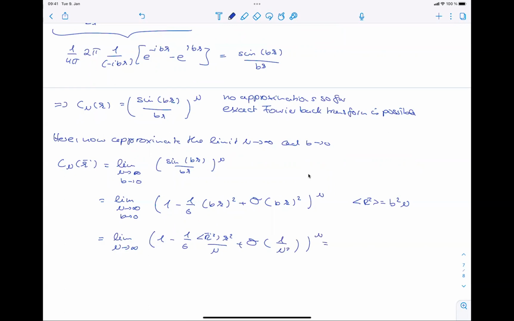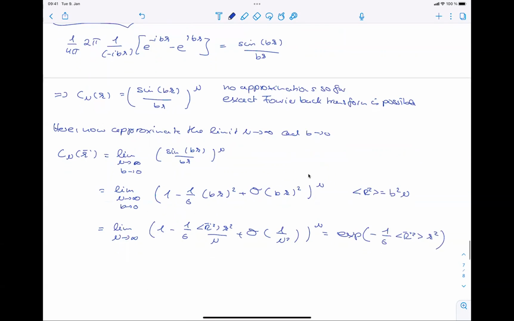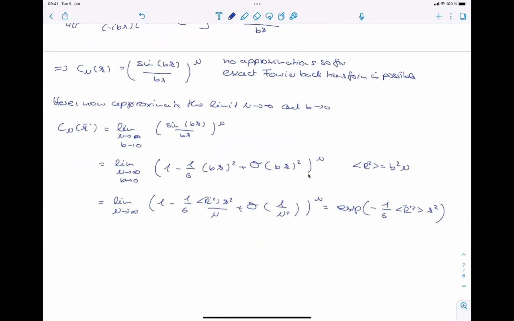And now performing the limit n to infinity, keeping the squared end-to-end distance fixed, we find an exponential of minus R squared k squared that is easy to back transform and gives us the previous result.